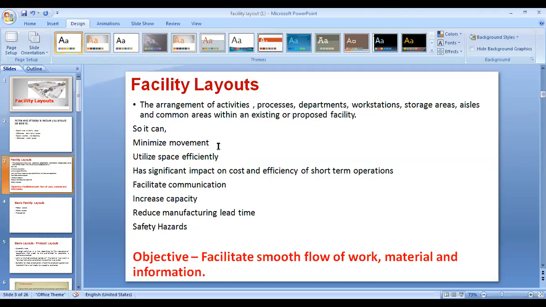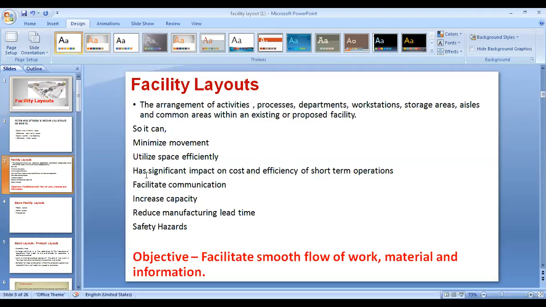There is a cost associated with the space in the warehouse, because once you have arranged certain stocks in the warehouse, you have to spend money on electricity, you have to spend money on the people who are in charge of the warehouse, and for the space itself you have to spend money. So when you are arranging the facility layout, you have to be mindful of the utilization of space efficiently.